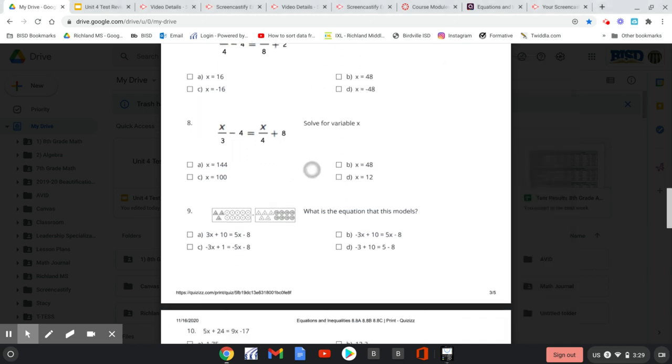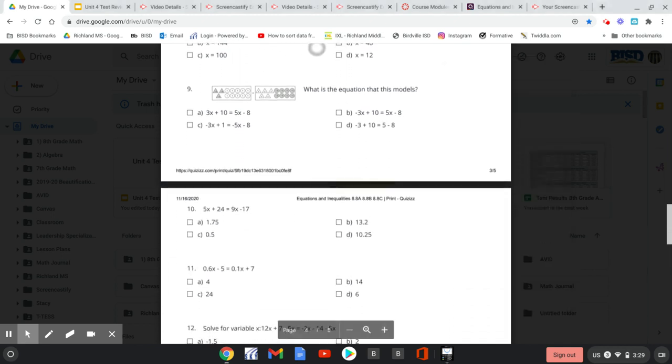Okay, let's move this up. First, we need to write our equation. And I can see that there is 3 shaded x's. So I know this is going to be negative 3x plus, looks like there's 10 ones, equals 5x minus 8.